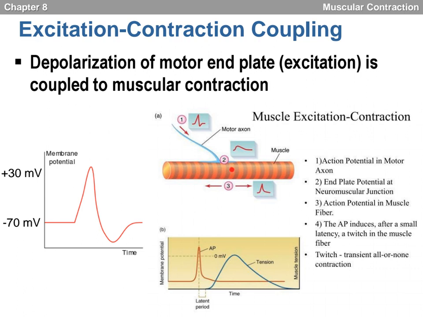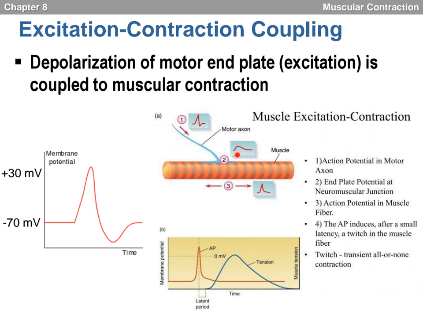Now, normally the muscle has what's called a resting membrane potential, meaning it has a negative potential within it relative to the voltage outside of it. Positive ions moving into the cell will make the cell depolarize. And so you get a small depolarization in the region of this neuromuscular junction.